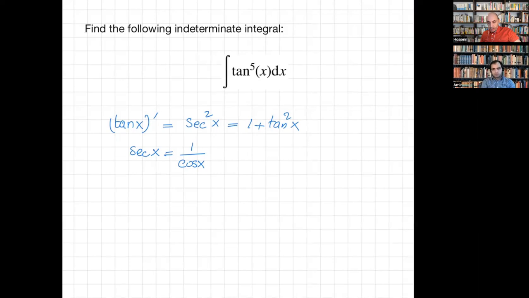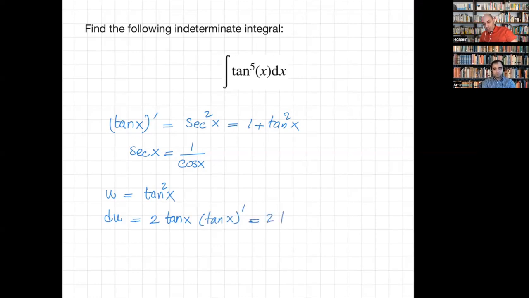Okay, and so I think probably if I assume another variable like u, which is equal to tangent squared of x, then the derivative du is equal to 2 times tangent of x times the derivative of tangent of x, which we already have.